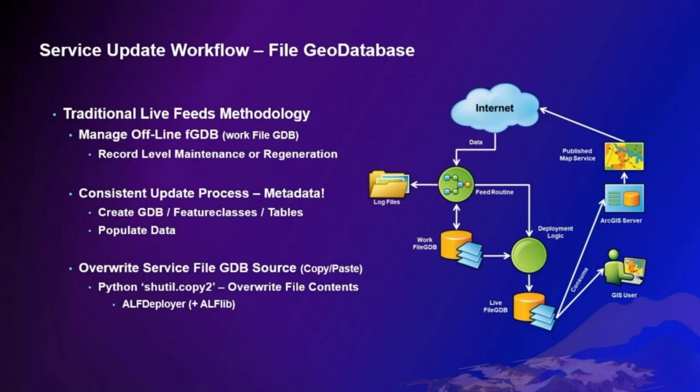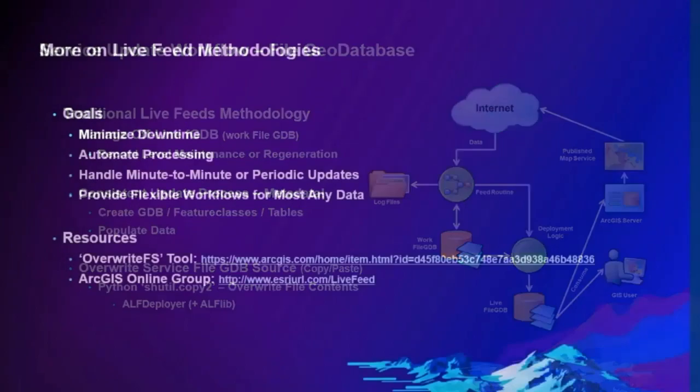So even if you have a service that is accessing that file GeoDatabase and it has a file open, the copy routine can still overwrite the data in that file, and it doesn't disrupt the service. So you don't have to stop the service to update your data set. So that was our original design, and it's still working today.